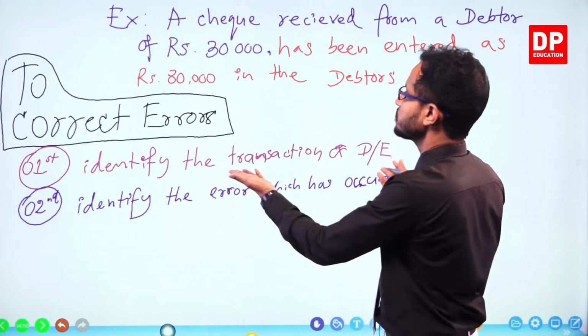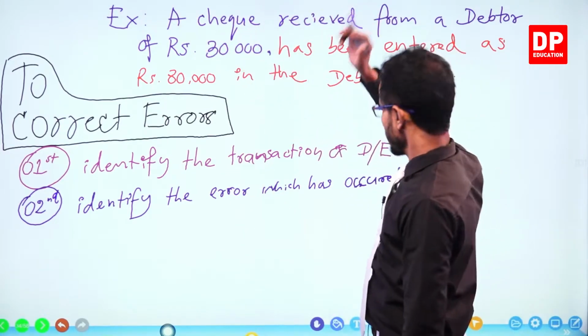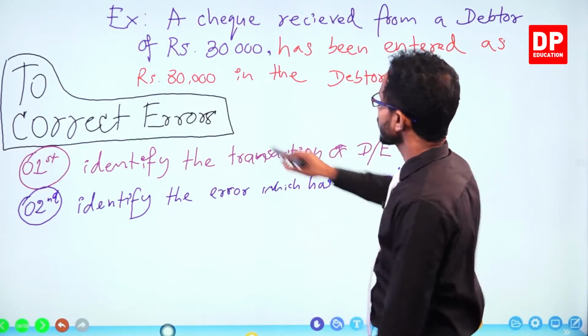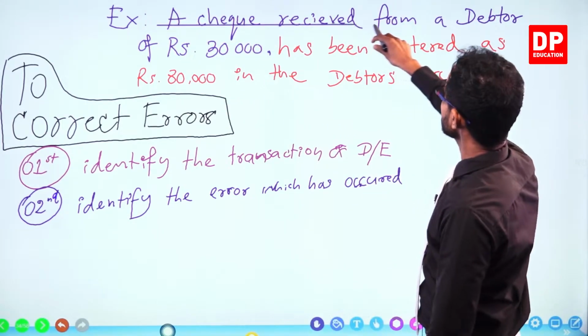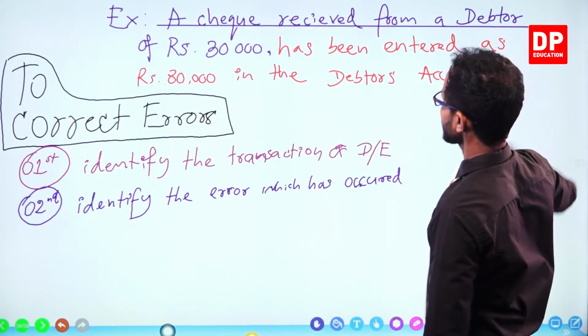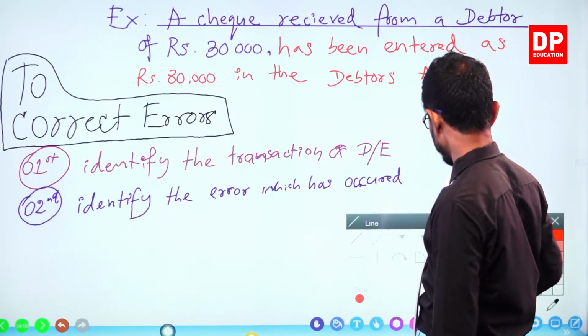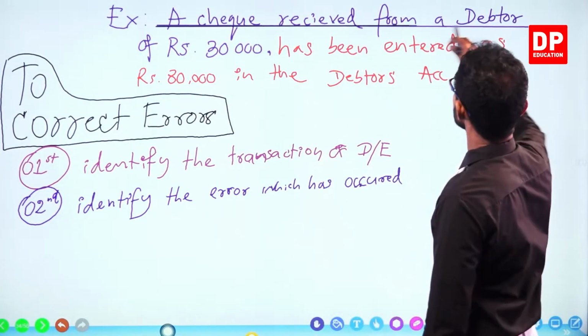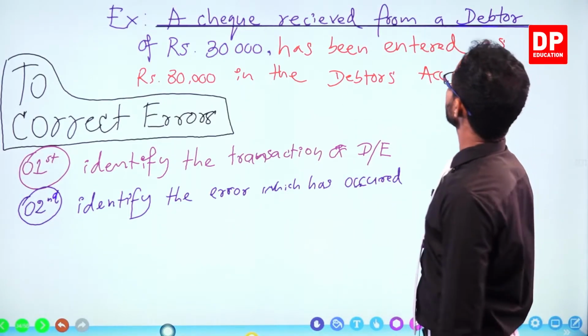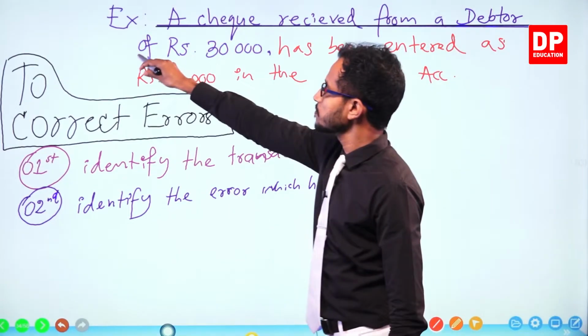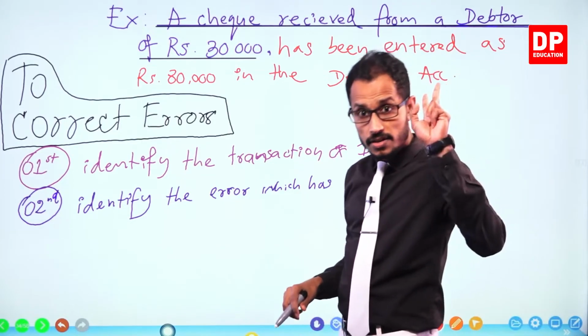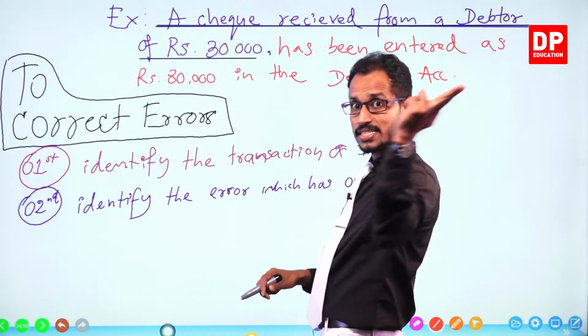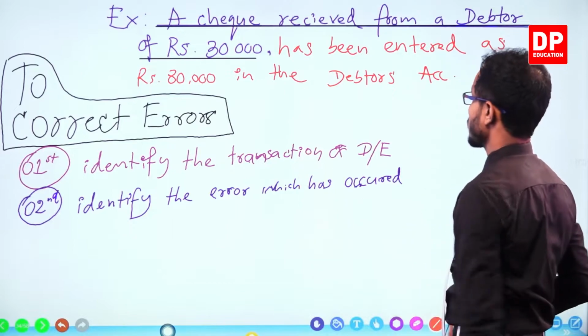Identify the transaction. What is the transaction? This is the transaction, children: a check received from a debtor, 30,000.